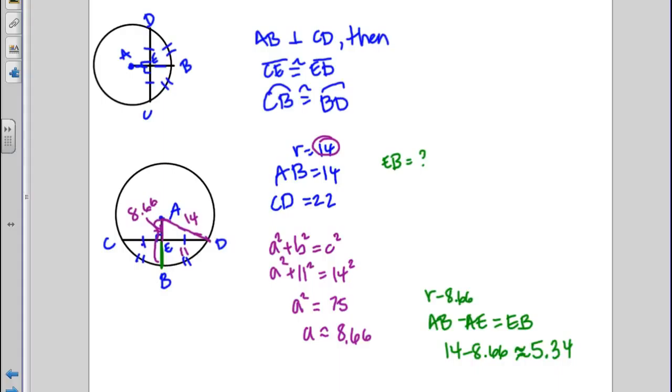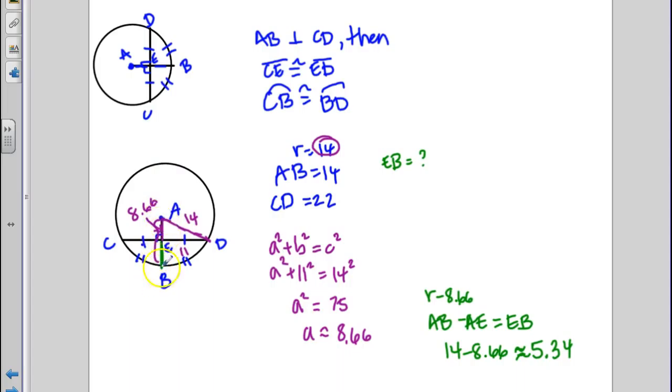We also know that if they tell us that a chord is a perpendicular bisector, then we know that it's the diameter of the circle, or it could also be the radius, but if it's a chord, it'd have to be the diameter.